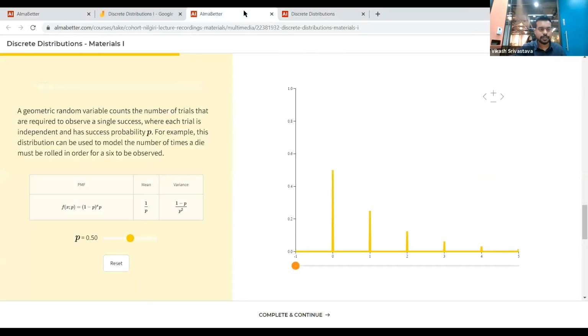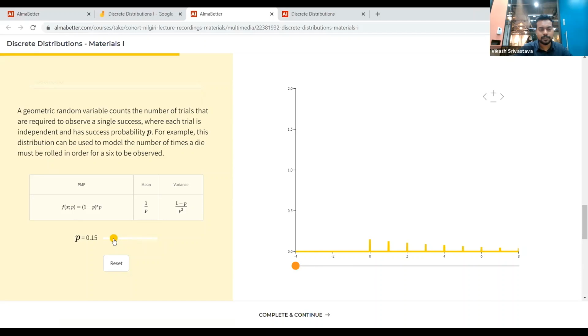So here also, let's say we are rolling a die. This can be used to model the number of times a die must be rolled in order for a 6 to be observed. Let's say your p is really low, so 1 by 6 is maybe 0.15.